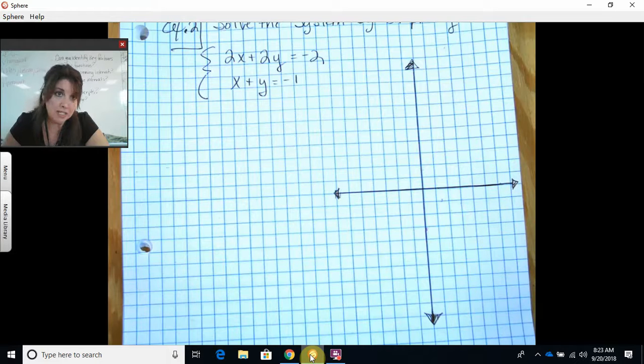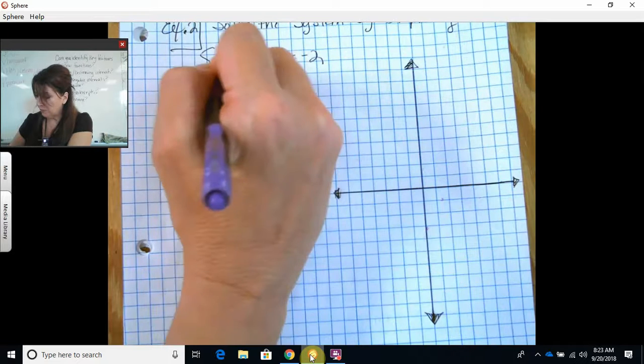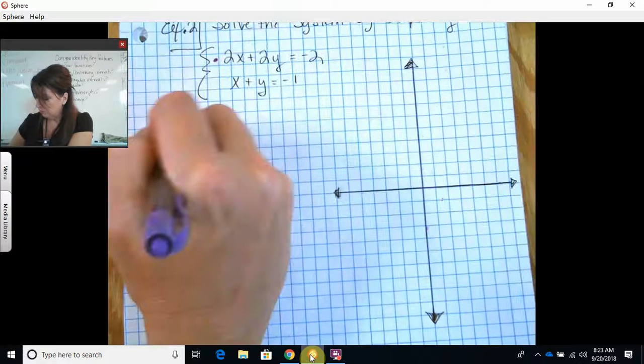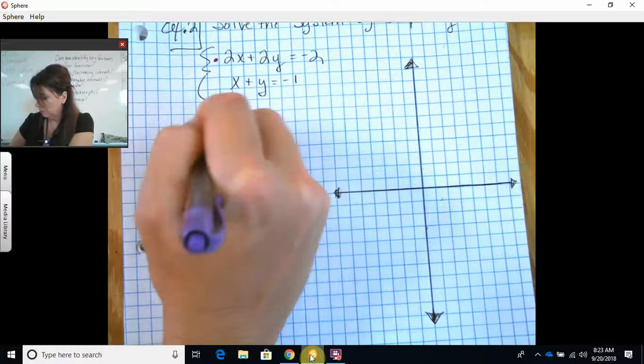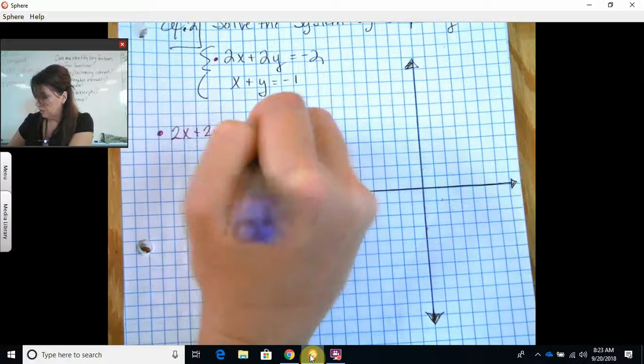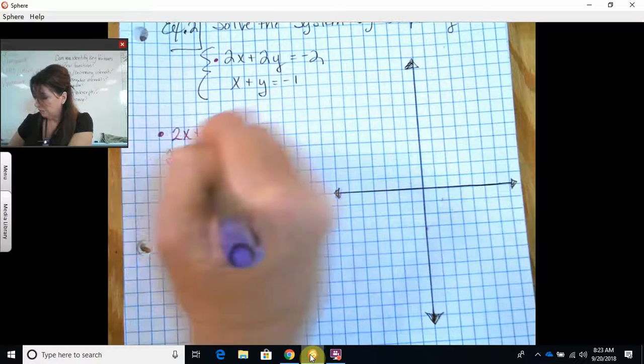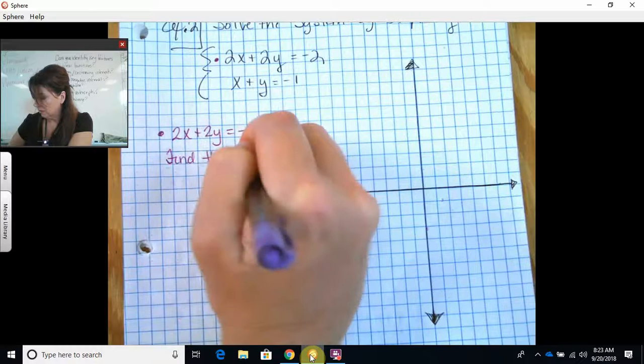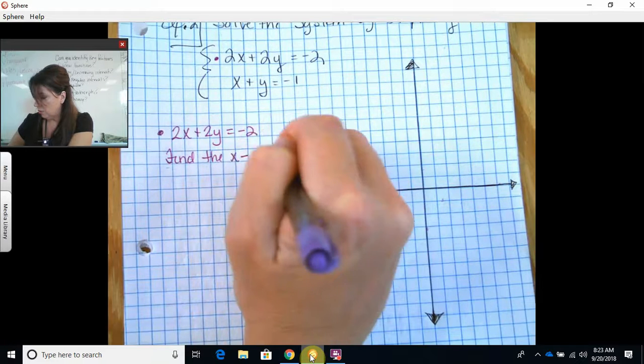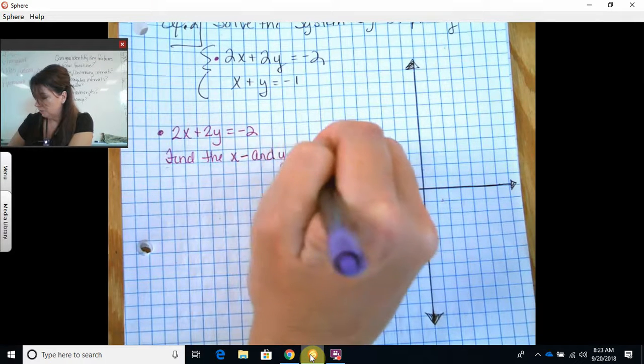Me personally, since they're both in standard form and it doesn't look like I'm really going to get any fractions, if I find the x and the y intercept, that's what I'm going to choose to do. Okay? So my top equation, I'm going to do in purple. And I'm going to find the x and y intercepts.